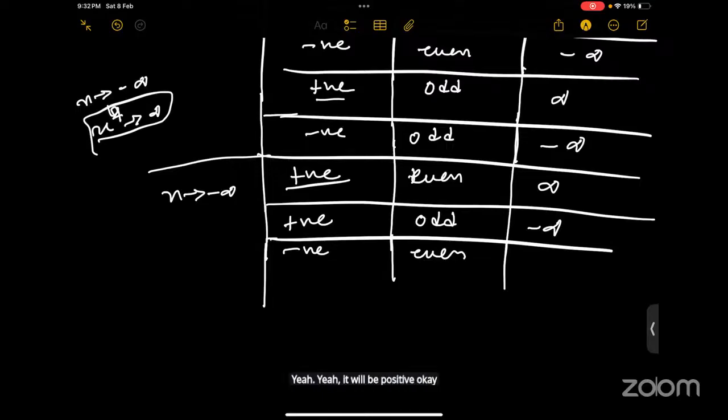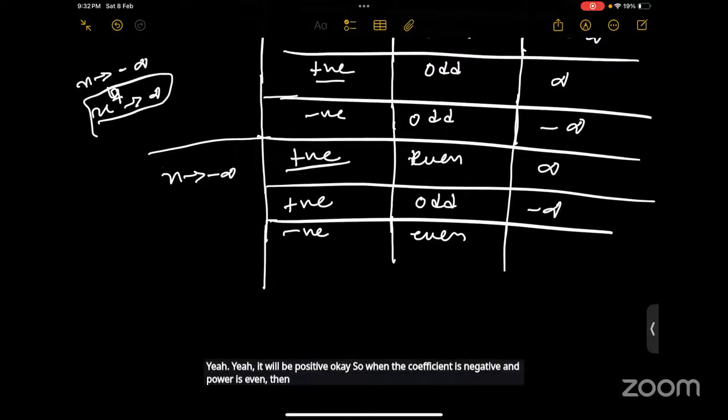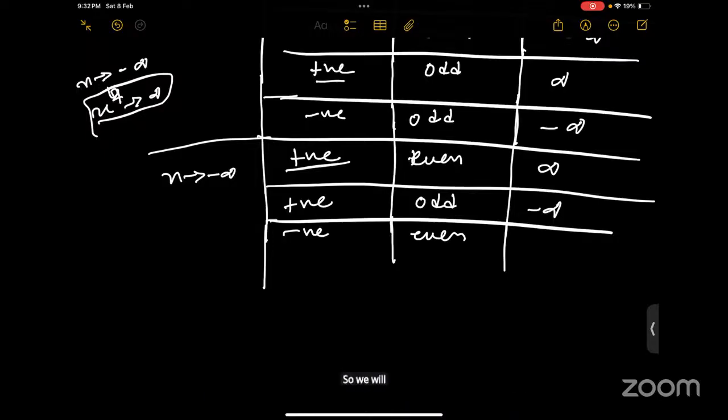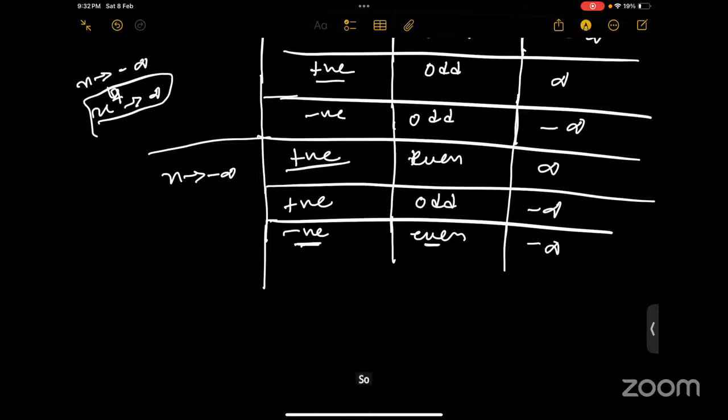Okay. So when the coefficient is negative and the power is even, then what will be the end behavior? Because it is even, x to that power will be positive infinity, multiplied with the negative coefficient, so we will get a negative infinity, right?